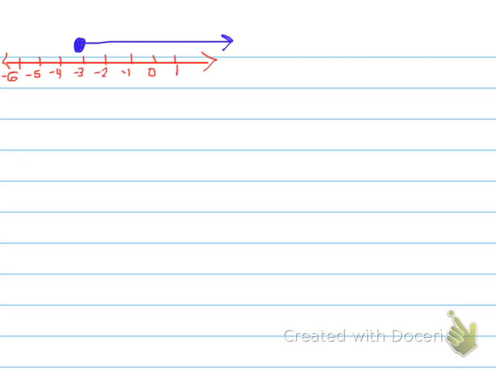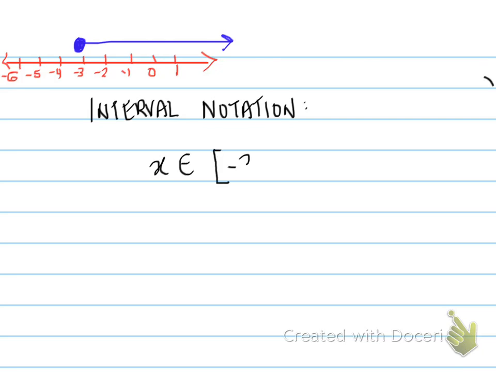Moving on, the next part that we need to look at is the number line, same number line we had where -3 was a solid circle moving in this direction, and we're going to introduce the concept of interval notation. Interval notation is a little bit easier to understand because you begin it with x belongs to, because again, we're looking at the x-axis, and we're looking at where it moves from left to right.